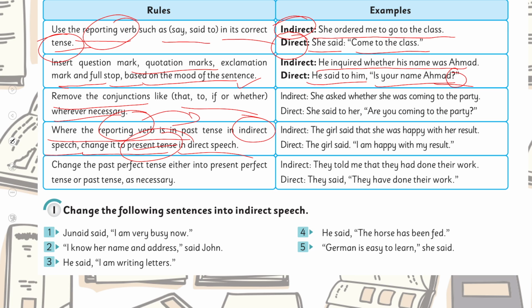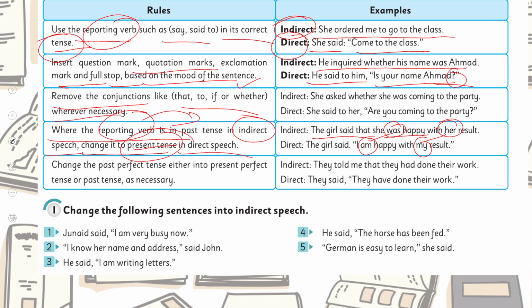Now these are the rules if you are given indirect speech, how can you convert them into direct speech? So the rules are, again, new, but also very much similar. The girl said, I am happy with my results. We will say the girl said that she was happy with her result. My result will become her result. Am happy will become was happy.